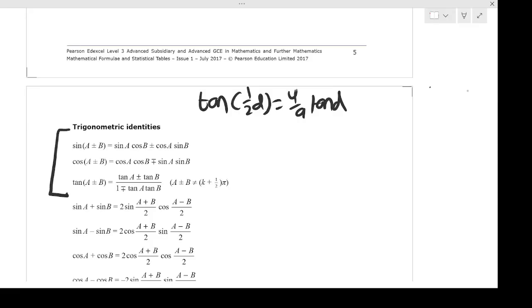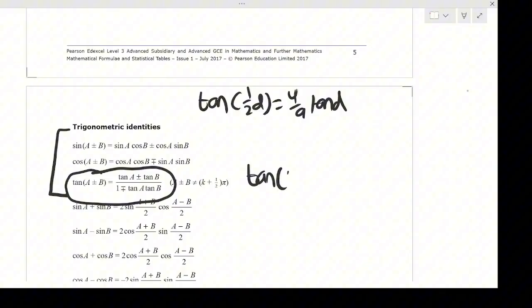These are the compound angle formulas for sine, cos and tan. As I said, I've got a double angle situation here with the alphas, half alpha and then alpha. Now I'm not given the formula for the double angle formula for tan, so I'm going to need to derive it using the given formula. So tan of, let's say, 2 theta.